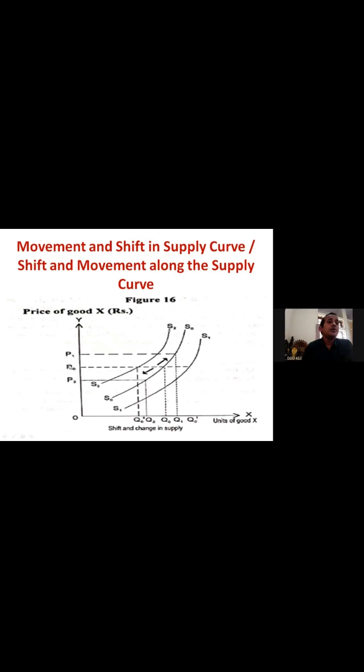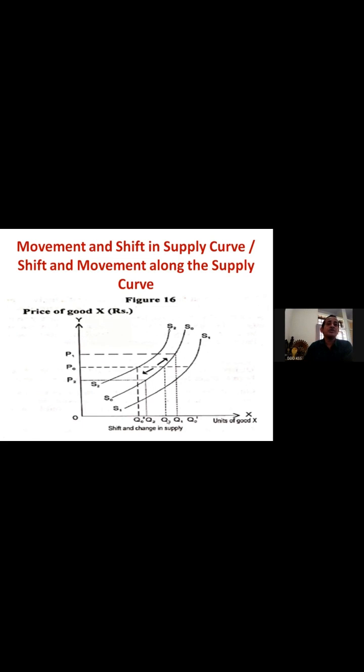Now, if we consider P0, P0 is the original price. With the P0 price, the quantity supplied was OQ0. This was the supply with the P0 price. OQ0 was the original supply of the goods.